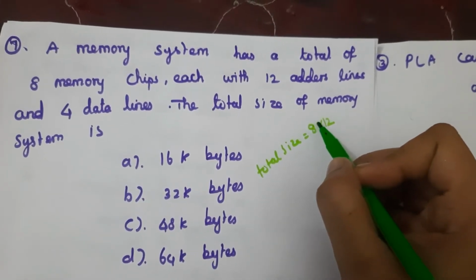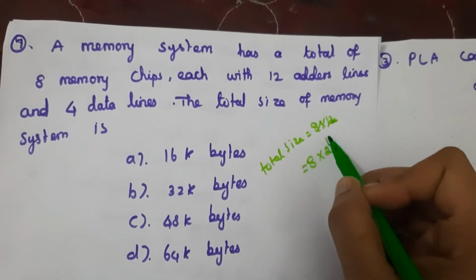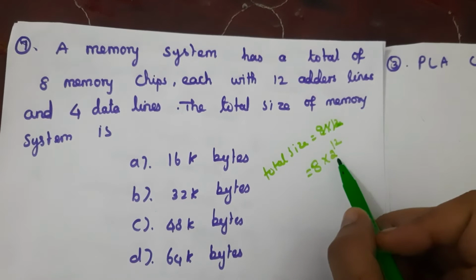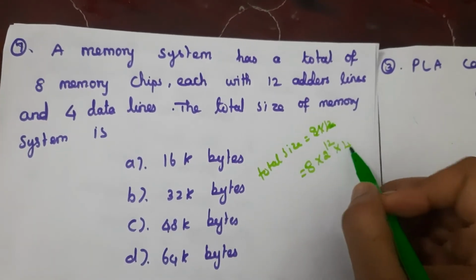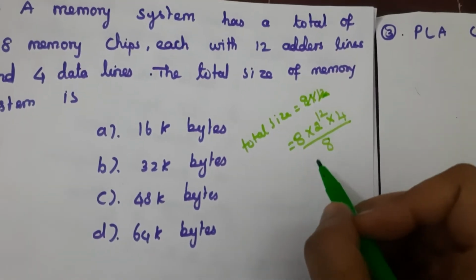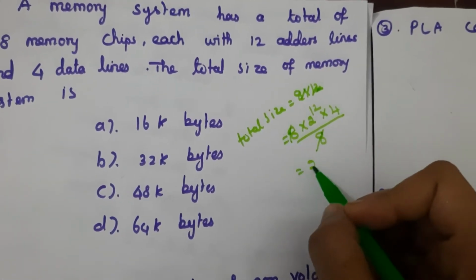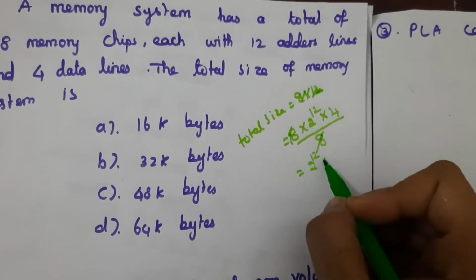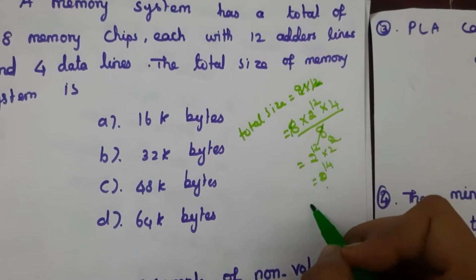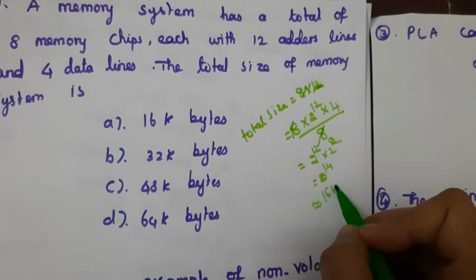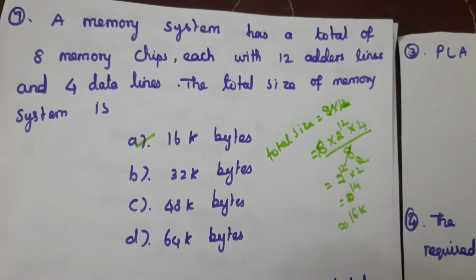So that is 8 into 2 to the power 12, the address lines, into 4 data lines, and divide. Using this equation, we get 2 to the power 12 into 2 to the power 2, that is equal to 2 to the power 14, that is approximately equal to 16K bytes. So here the answer is A.